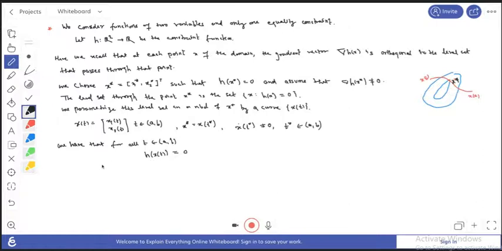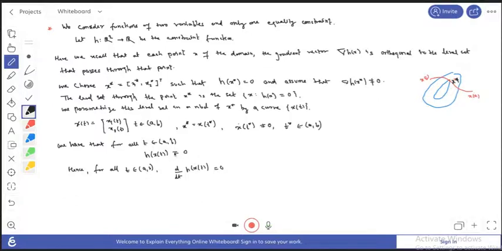Hence, for all t that belongs to this interval, we can find the derivative d by dt of h of x of t. Since h of x of t is 0, its derivative equals 0.